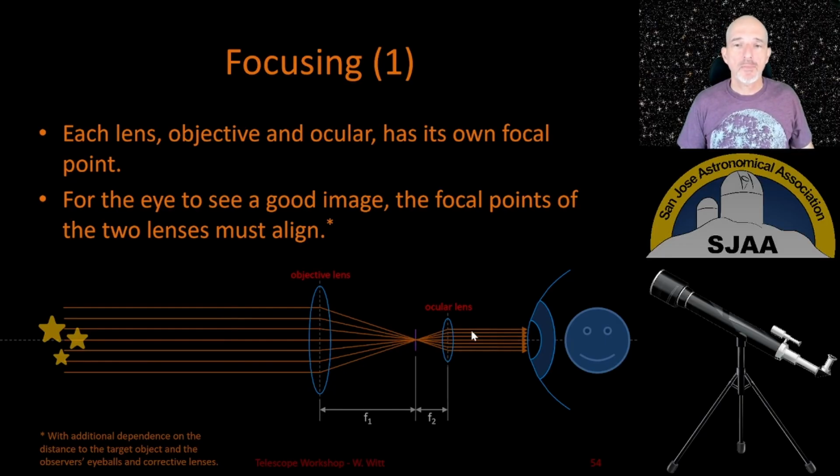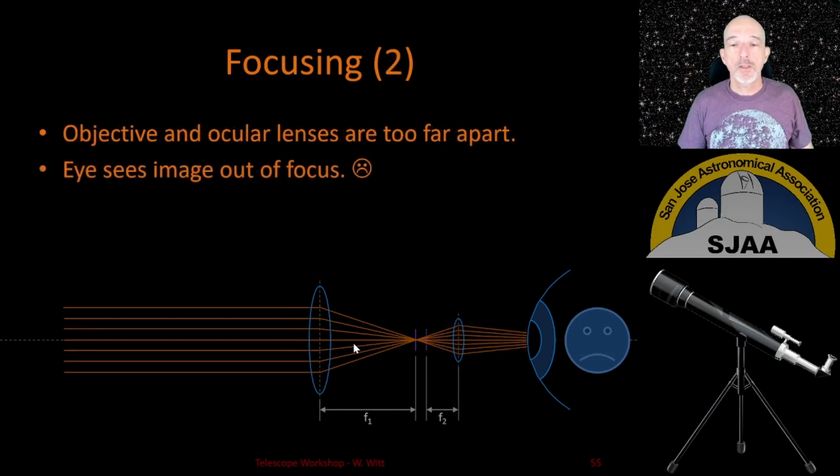Now, it always gets a little more complicated if you dig further into the details. In reality, there are other factors that come into play. For example, your own eyeball has a lens in it and all that, right? But to first order, for the purpose of our discussion, we can think of it this way. Now, if I change this a little bit, if I move the lenses apart, now there's a gap between the two focal distances, f1 and f2, objective lens and ocular lens.